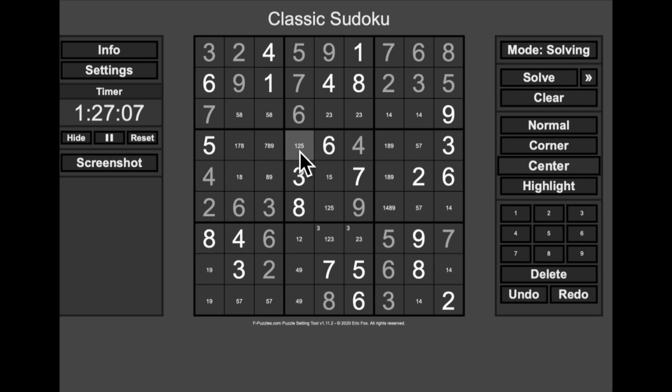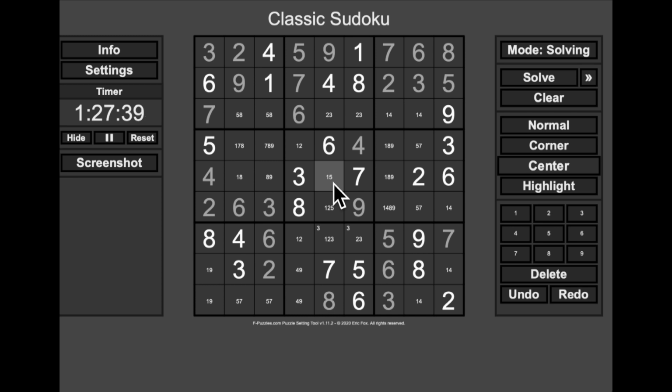This can't be 5 two different ways. I need to use bifurcation, but a 1 or 2, that's a 4 or 9. Okay, that's a 1 or a 5.